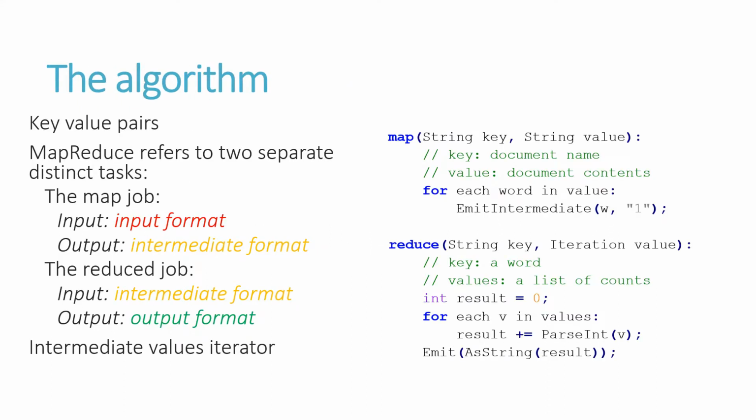Now, let's look into the real meat of what MapReduce does. The algorithm structure is simple with two stages called map and reduce. Hence the portmanteau MapReduce.